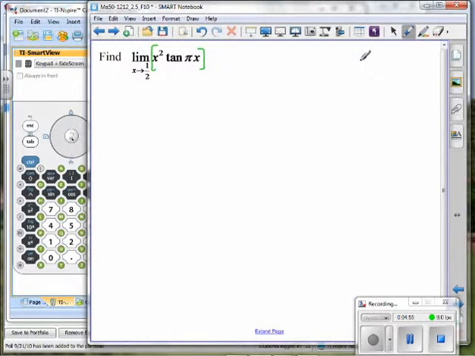Direct substitution. So now we have to think about, can we use direct substitution? Well, let this be the limit as x approaches 1/2, and let's do f of x times g of x.